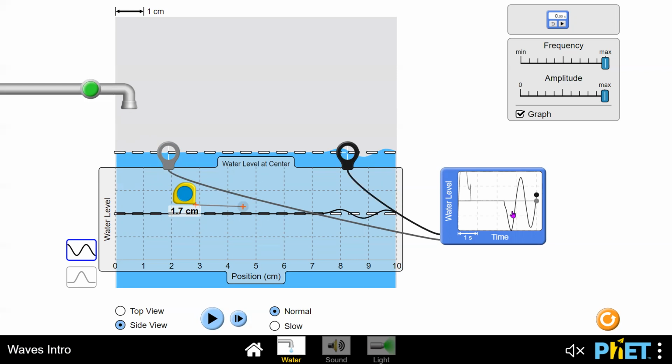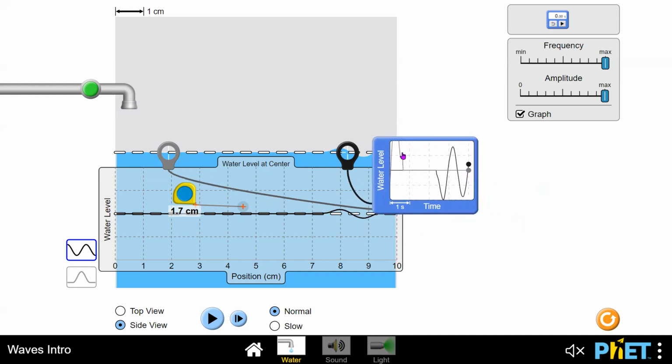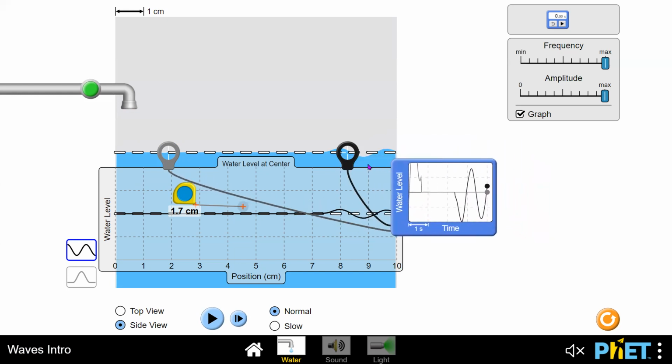Now your goal is to measure the wavelength and the frequency. Then you can calculate the velocity. Okay, so to measure the wavelength and the frequency, what is the wavelength? Let us measure this one. Let me put it somewhere here and get the wavelength.